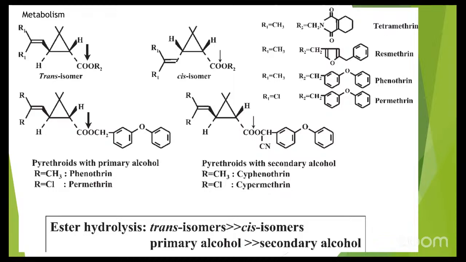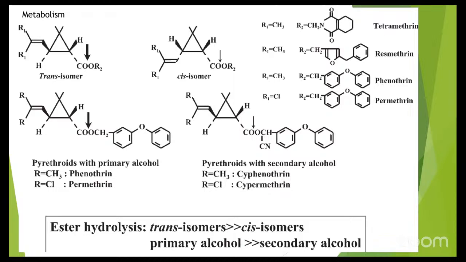And the sites of metabolism of some pyrethroids in mammals can also be seen, where allethrin, tetramethrin, resmethrin, permethrin, cypermethrin, deltamethrin, and fenvalerate, all these are pyrethroids, and they get affected at particular sites.